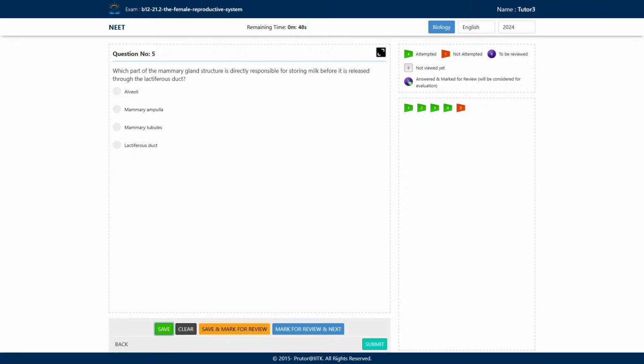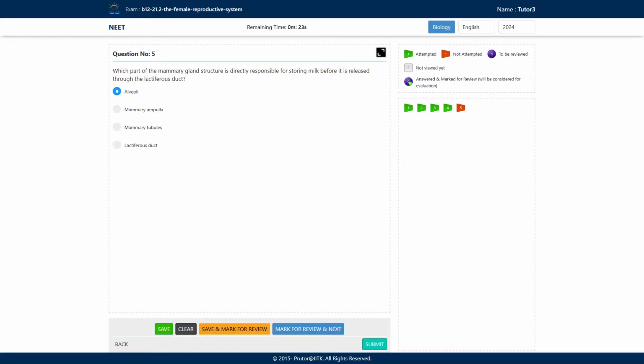Okay, here the correct answer will be alveoli. So alveoli are the cells which secrete milk, and this milk is stored in the ducts of the alveoli. Okay, alveoli secrete milk. So the question was asking which part of the mammary gland is directly responsible for storing milk before it is released through the lactiferous duct.